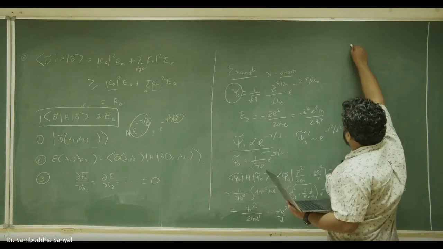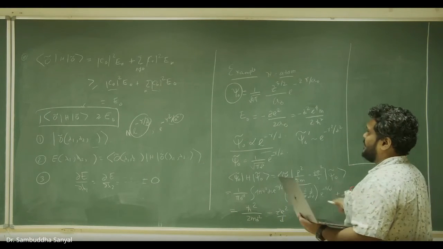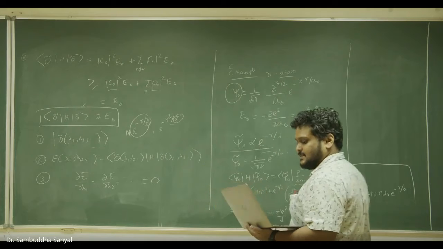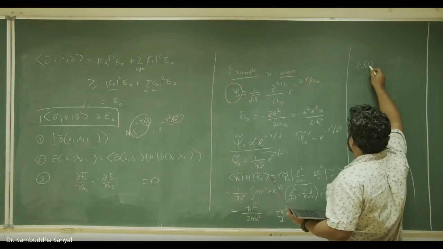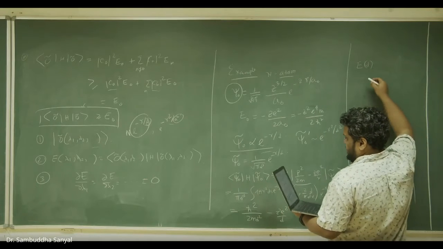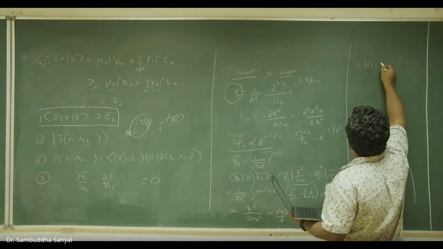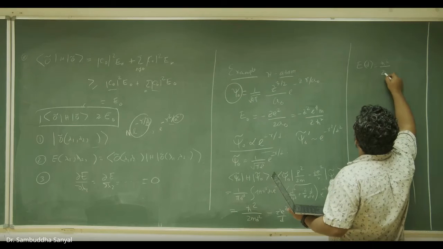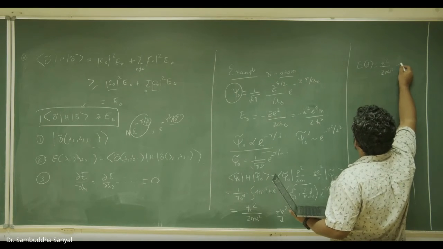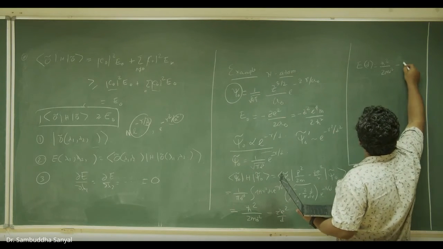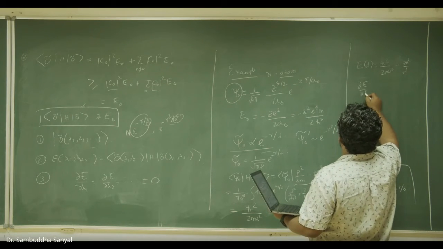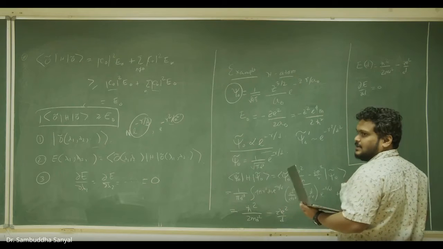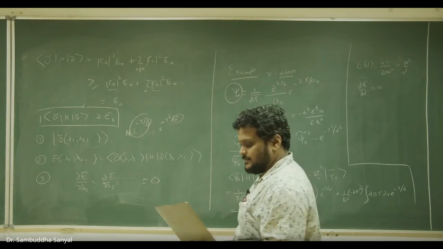So what's the next step? According to this formula, you have to take E as a function of d. d is your parameter. So you got ħ square by twice m d square minus J d square by d. You have to take a derivative and set it to 0, then you know the right d.